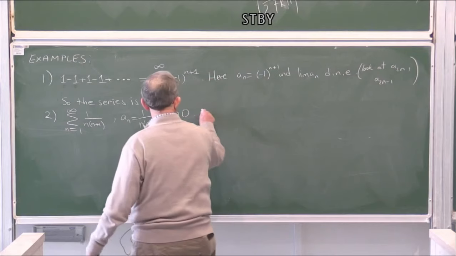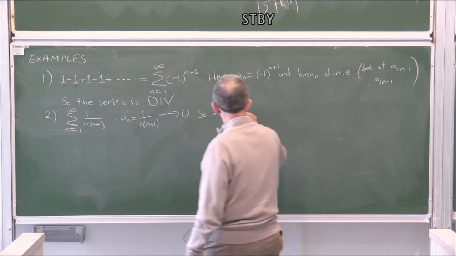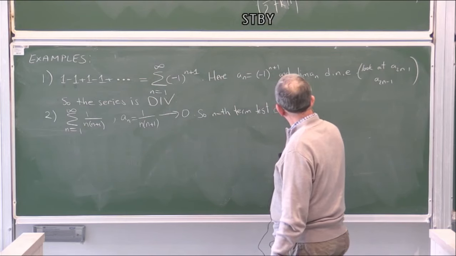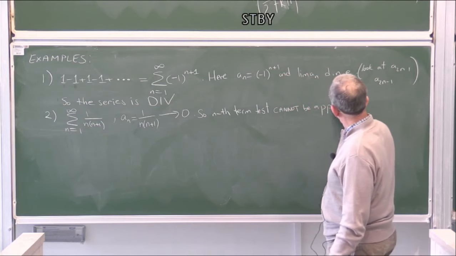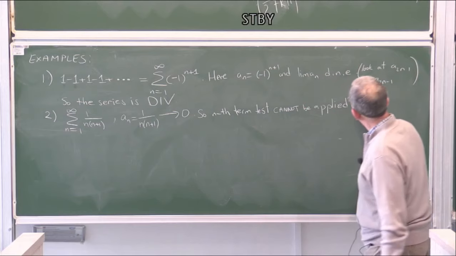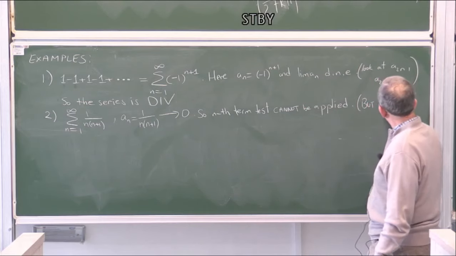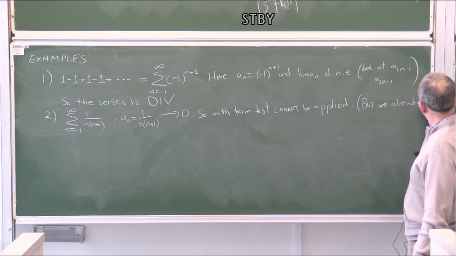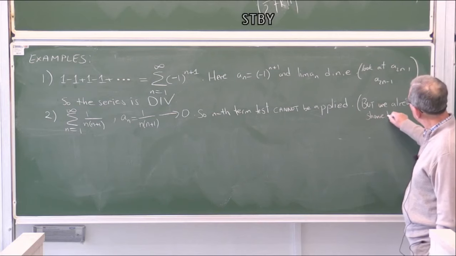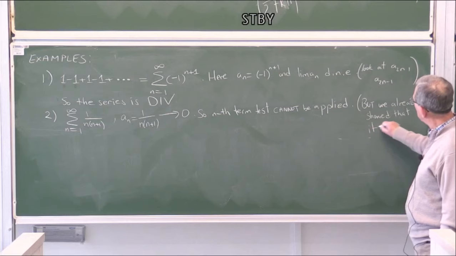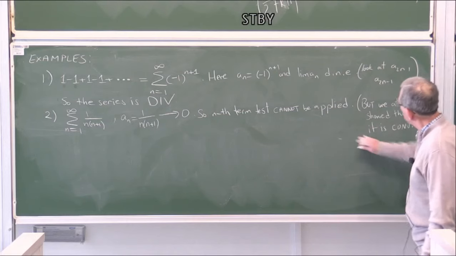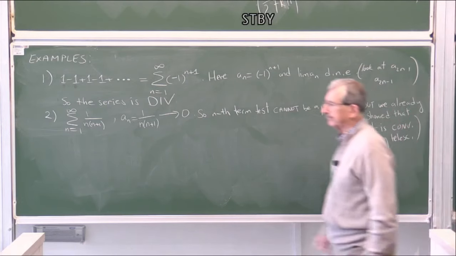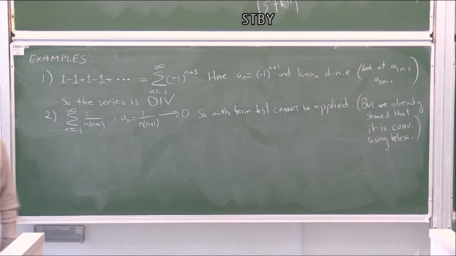So the nth term test cannot be applied. But we already showed that this is a convergent series, using telescoping series. It's a telescoping series. We already considered this example.